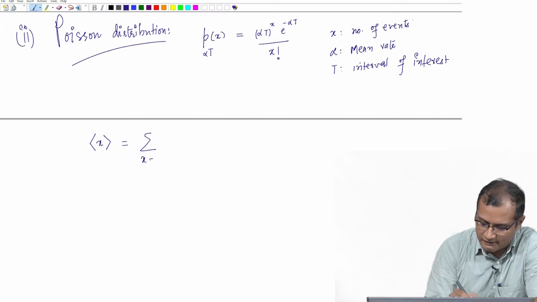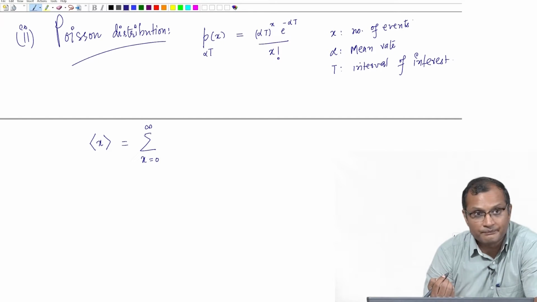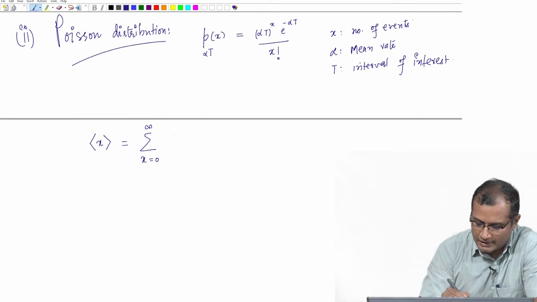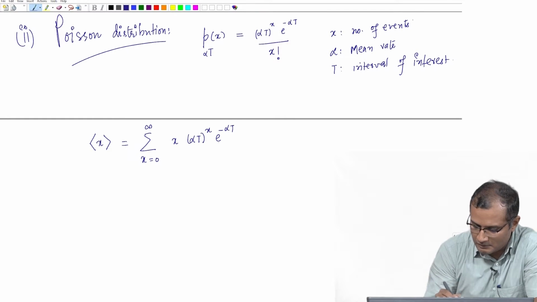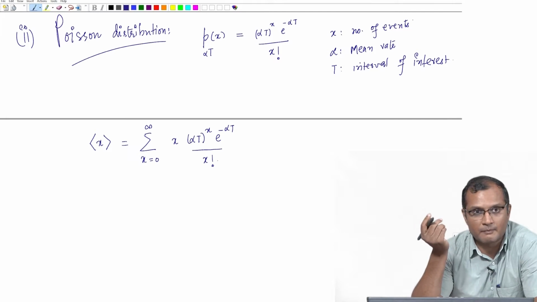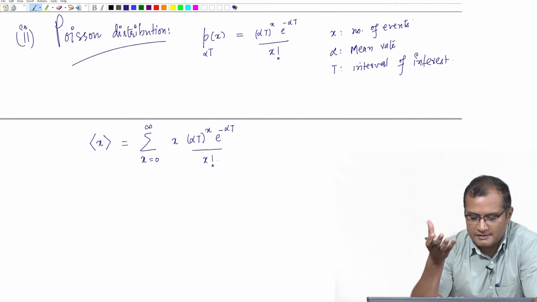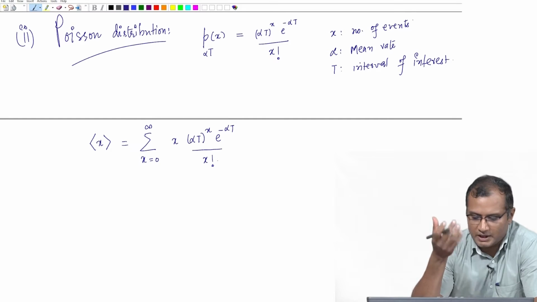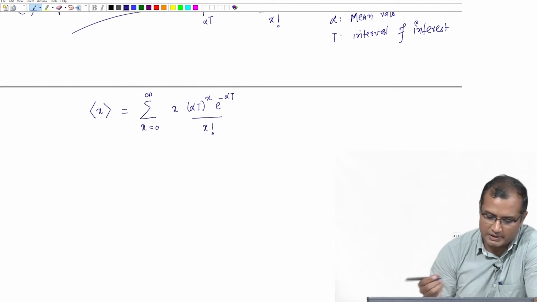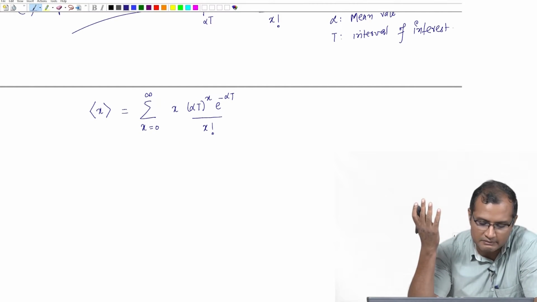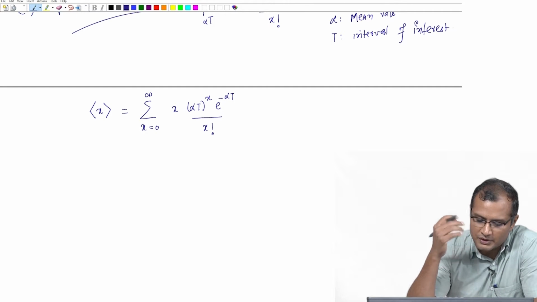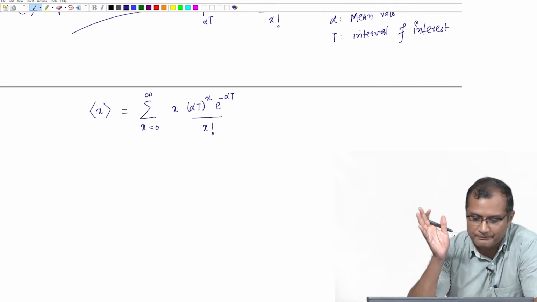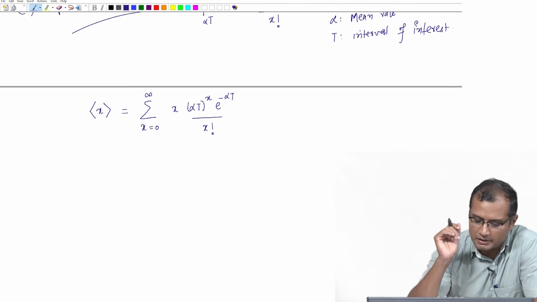Now, x can take values from 0 to infinity, okay, and you sample x in this distribution. This will give you mean x, and this will require some effort. So, we can show that there is some effort, not much, but there is some effort. So, you can compute this very easily by some manipulation.